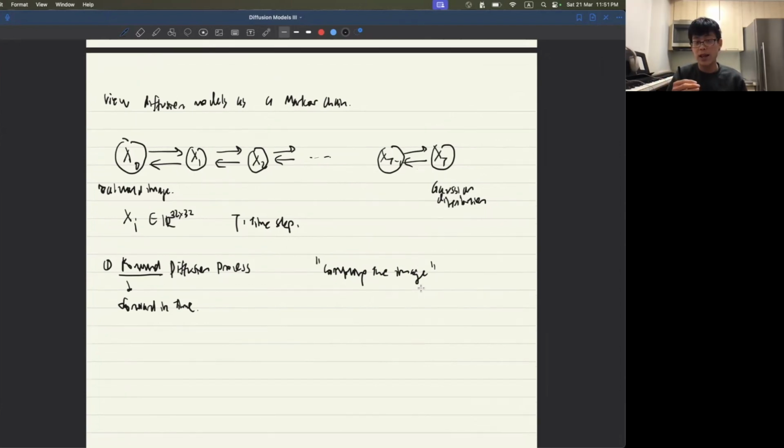And we want to do this incrementally, right? We want to do it across t time steps. We don't have to just inject noise in one go. We want to slowly corrupt the image across the t time steps.